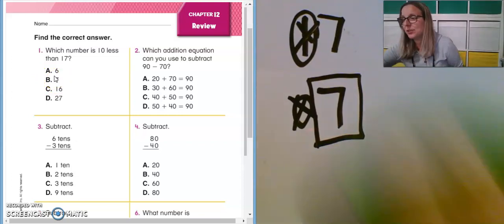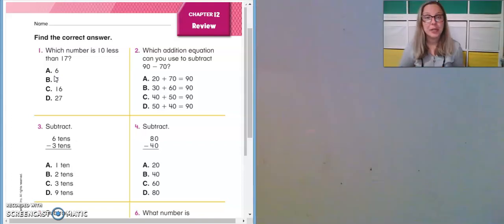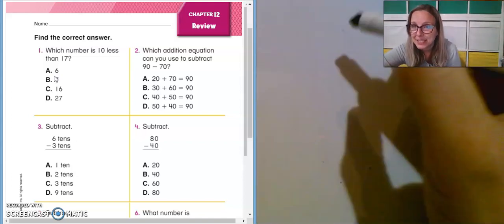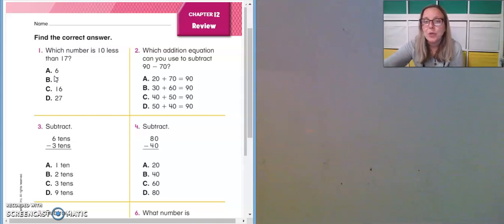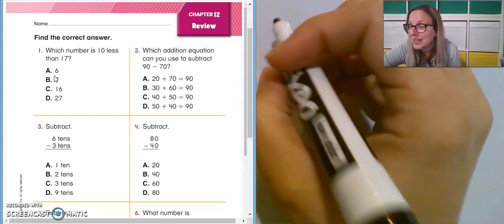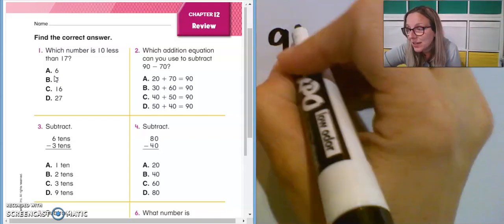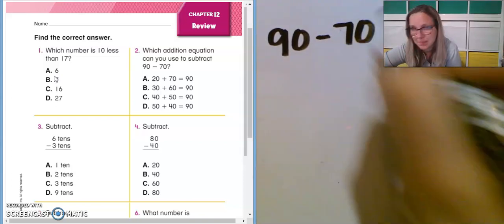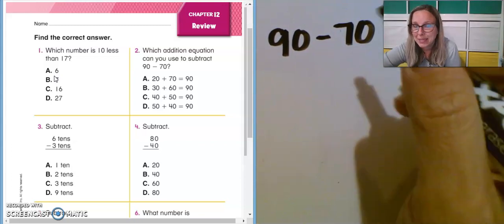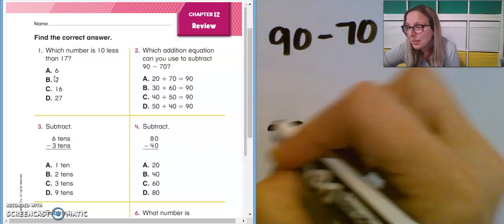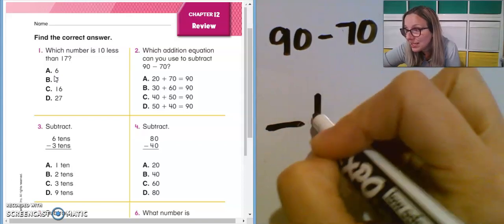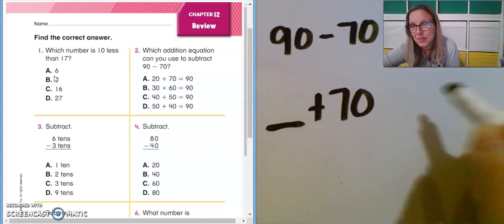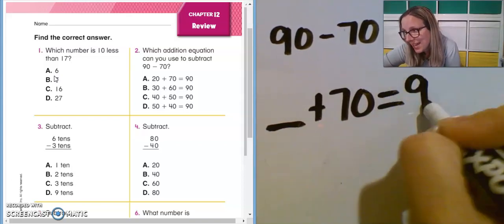All right, let's take a look at number 2. Number 2 says, which addition equation can you use to subtract 90 minus 70? Now remember, we know that addition and subtraction are related. So if I'm trying to figure out 90 minus 70, I can ask myself, what number plus 70 would give me 90?